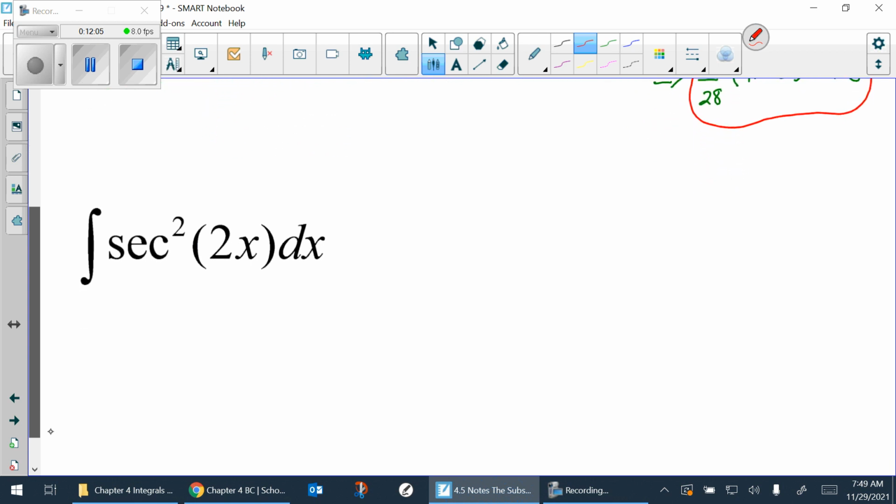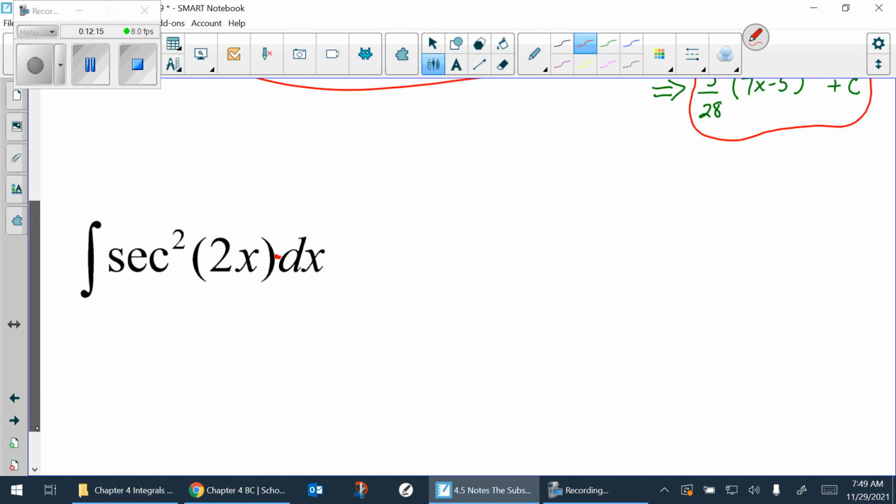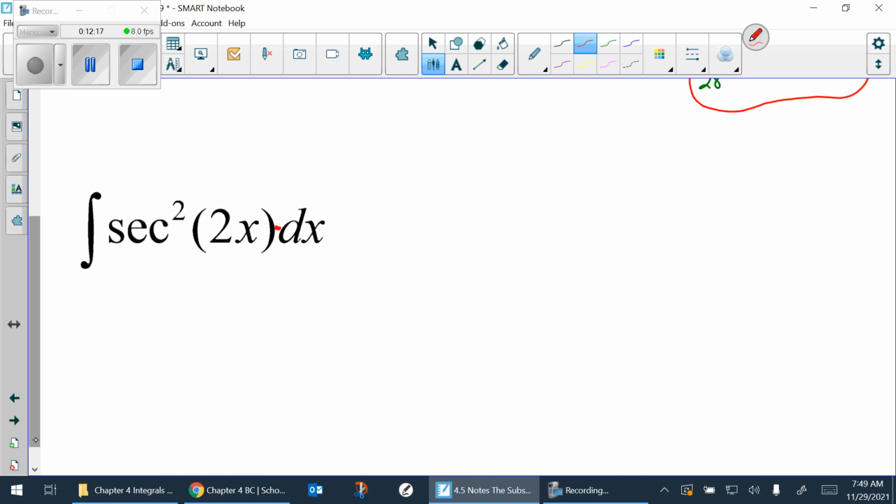Here again, it doesn't look like we've got the product of two functions. But I can think of this as times dx. So I've got to get creative here. I've got to get rid of that dx, so maybe I'm going to let u equal 2x.